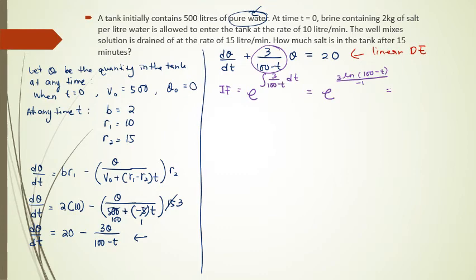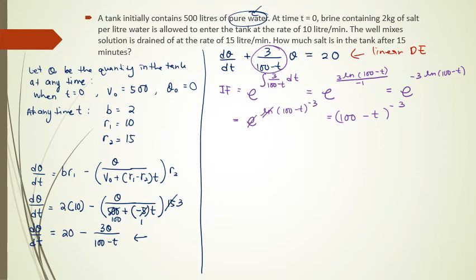So we can write it as exponent negative 3 ln 100 minus T. Then we can simplify as exponent ln of 100 minus T to the power of negative 3, and exponent and ln cancel. So we get 100 minus T to the power of negative 3, or we can write it as 1 over 100 minus T to the power of 3. That's fine too, but I'll stop here.